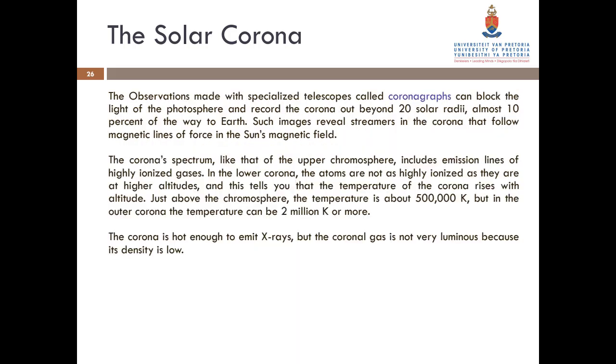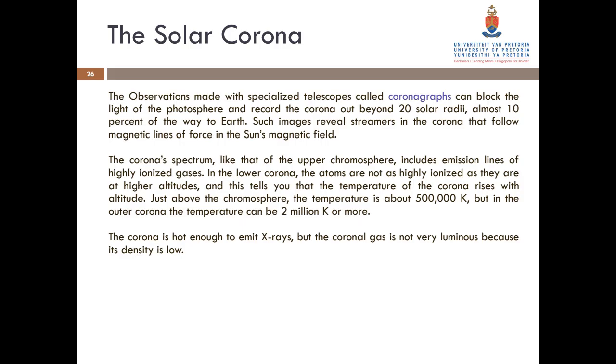Observations made with specialized telescopes called coronagraphs can block the light of the photosphere and record the corona out beyond 20 solar radii, so almost 10% of the way to Earth. Such images reveal streamers in the corona that follow magnetic lines of force in the sun's magnetic field. The corona spectrum, like that of the upper chromosphere, includes emission lines of highly ionized gases.